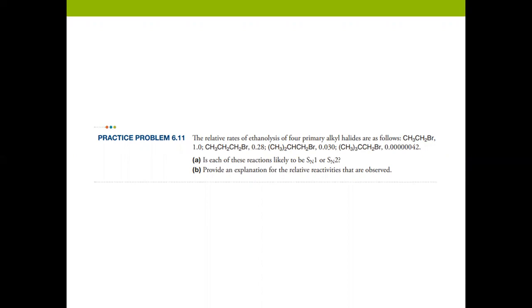So I would like you to answer this problem 6.11 and tell me. If you remember, there is a difference in the substrates for SN1 and SN2, right?